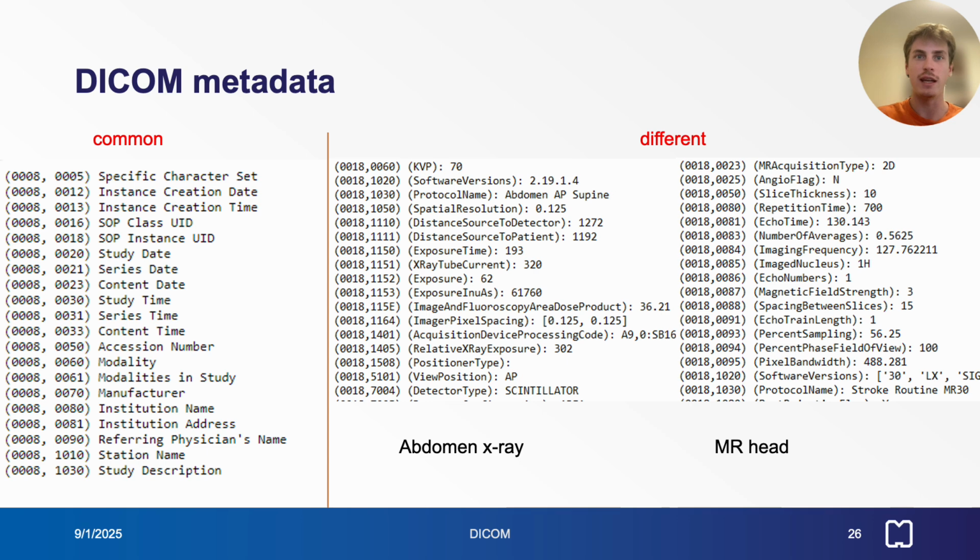DICOM facilitates the interchange of medical images and accompanying information through Information Object Definitions, or IODs, that are modality specific but share a common structure. General modules, like the patient module, record fixed characteristics, while modality specific modules include unique acquisition details.